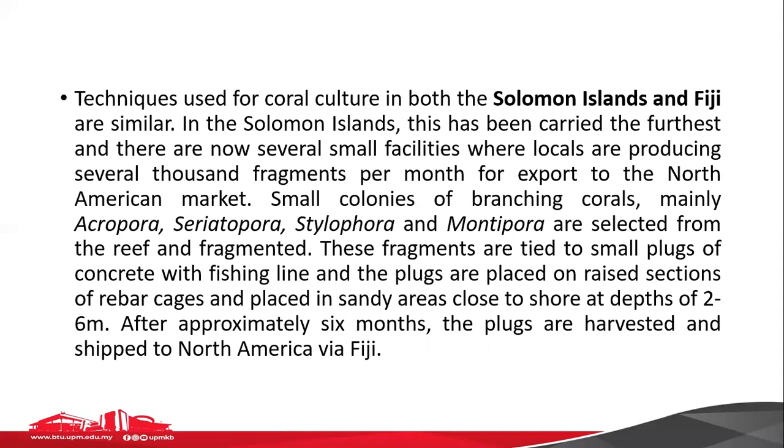These fragments are tied to small plugs of concrete with fishing line, and then the plugs are placed on racks in a cage and placed in a sandy area close to shore at the deep edge, 2 to 6 meters. After approximately 6 months, the frags are harvested and shipped to North America via Fiji.